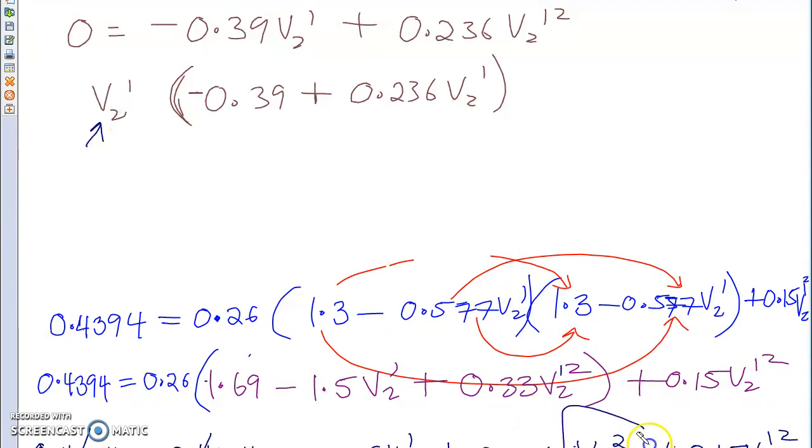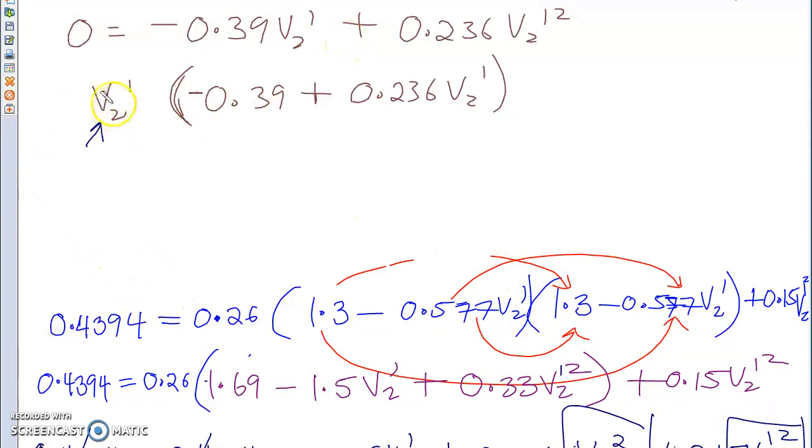Because they're both V2 prime squared, they can be added together. It's like saying one apple plus another apple equals 2 apples.